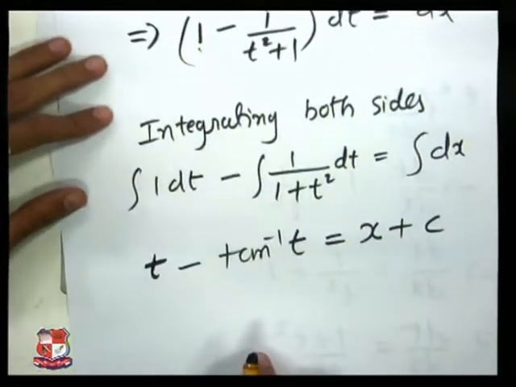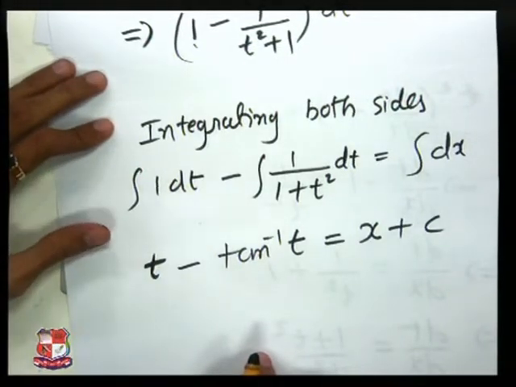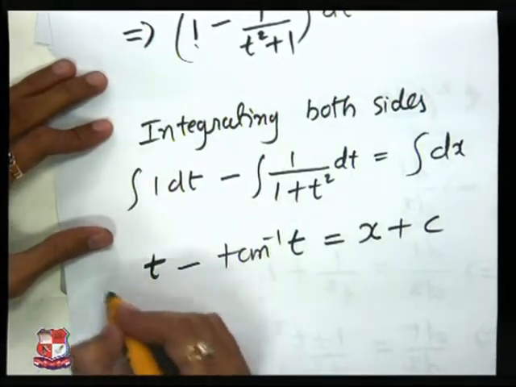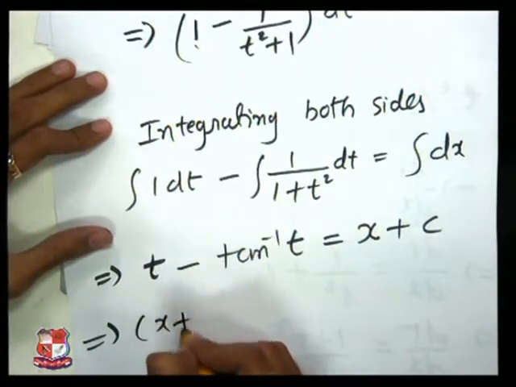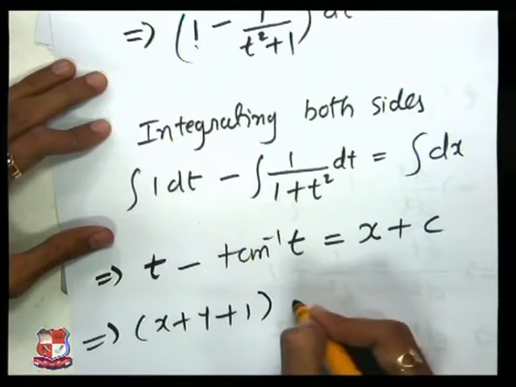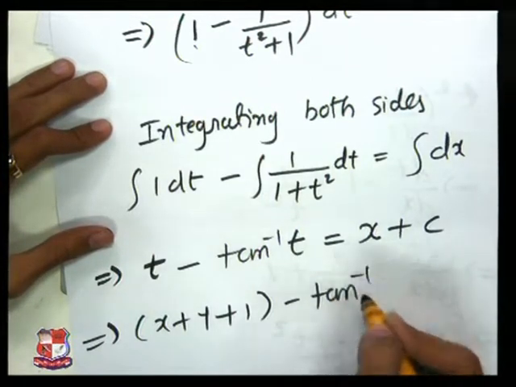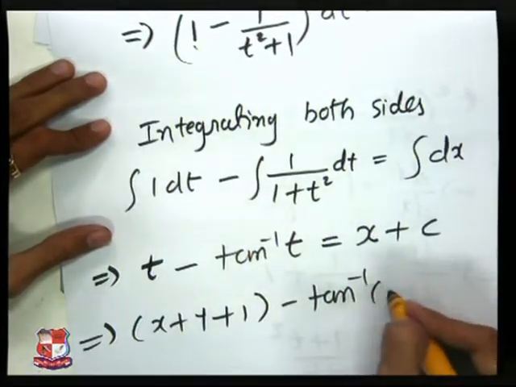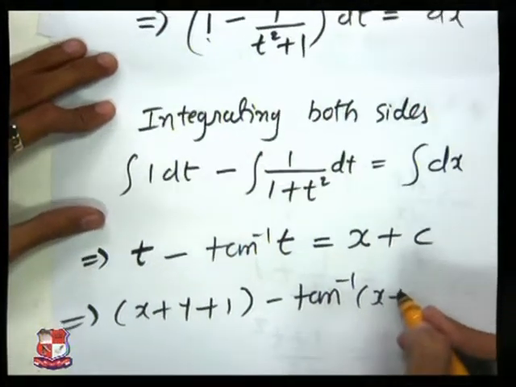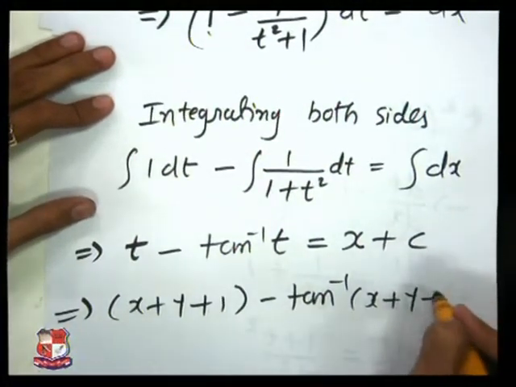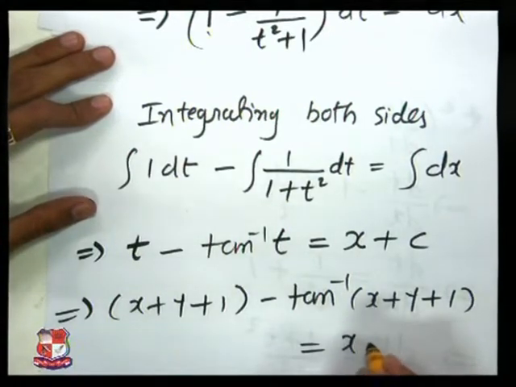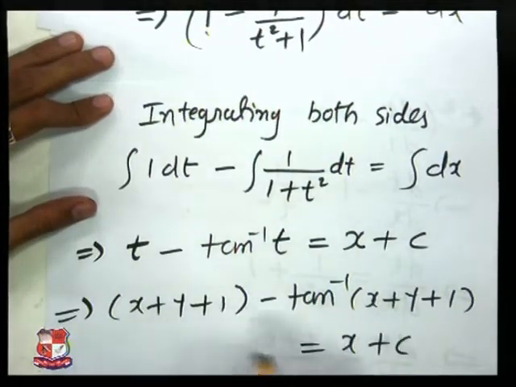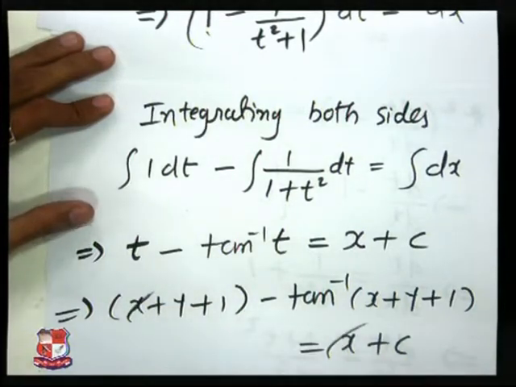And by putting the value of t, we know that t is equal to x plus y plus 1. So after all, we will get x plus y plus 1 minus tan inverse of x plus y plus 1 is equal to x plus c. The x will be cancelled out on both sides.